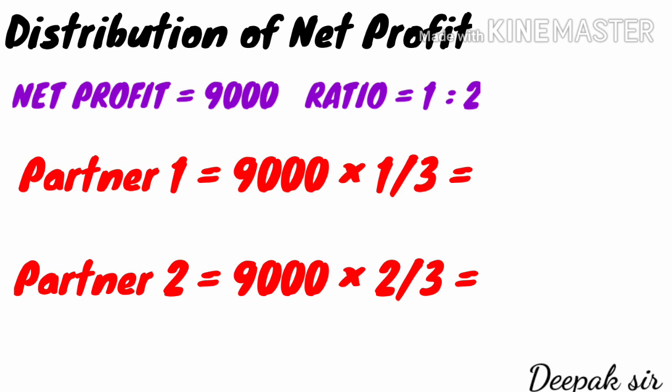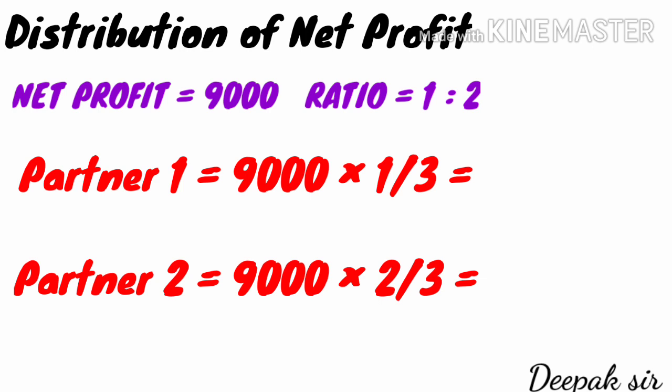So denominator will come 3. 3 has come, we have to add both the share together, that is 1:2 is given. So we have to add 1 plus 2. So denominator will come 3. So for first partner it will come 9,000 multiplied by 1, that is share of first partner, divide by 3.